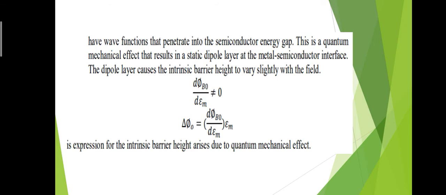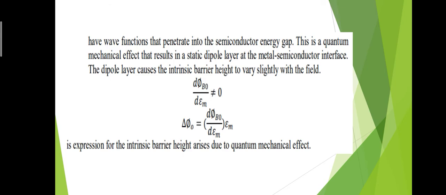So we take the derivative of barrier height with respect to the field generated at the metal semiconductor junction, epsilon m. So d phi b0 divided by d epsilon m is non-zero. That means phi b0 is not constant. Simply, we can write delta phi b0 is equal to d phi b0 divided by d epsilon m into epsilon m.